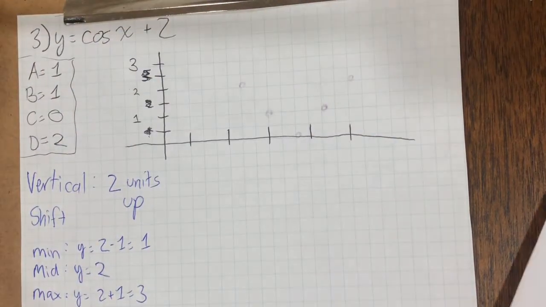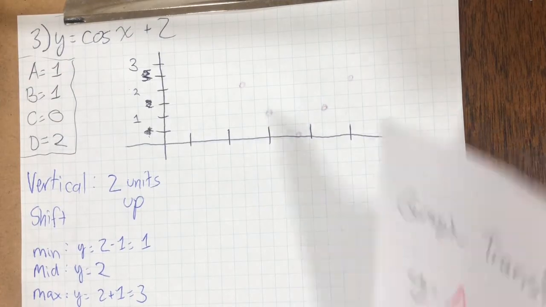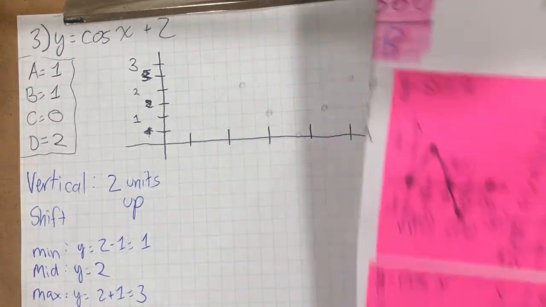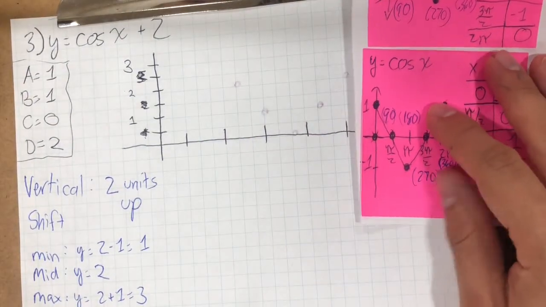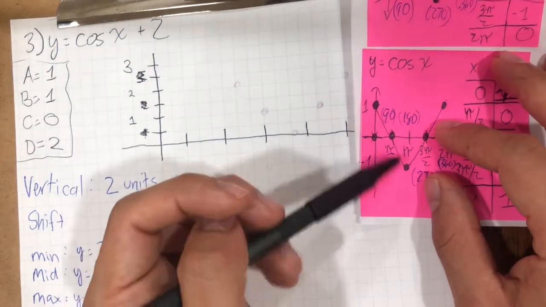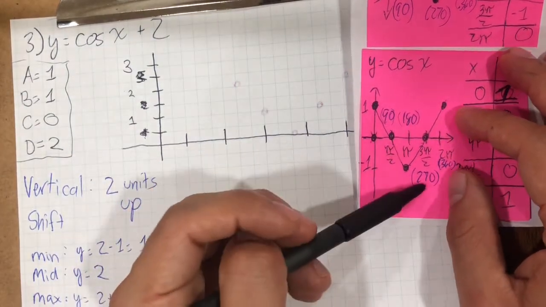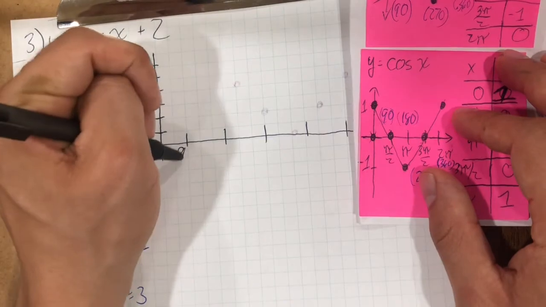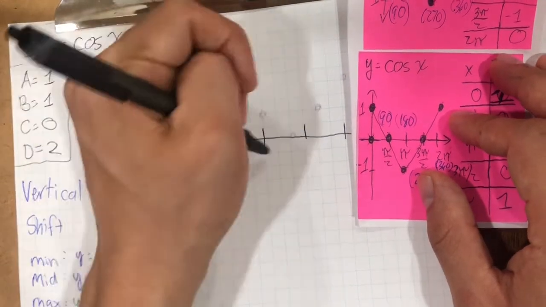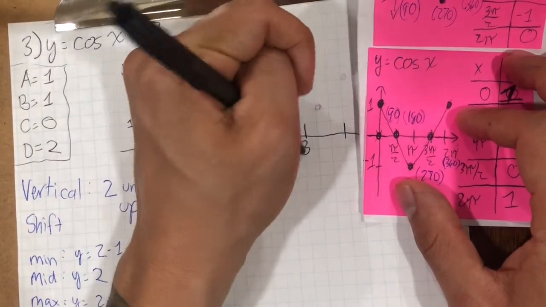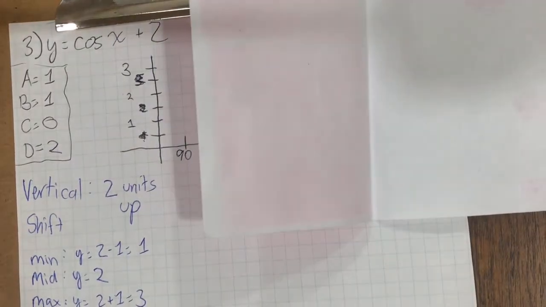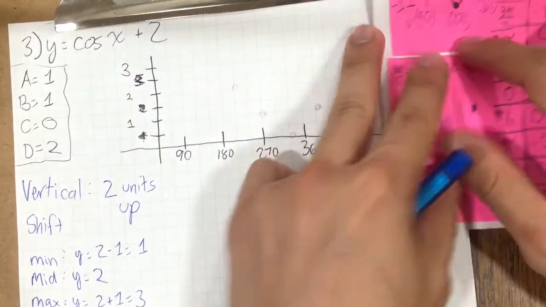All right, so the only thing that really changed was the vertical shift. So if I were to take a look at the original graph for cosine of x, I still have the same x values from the original. So I have 90, 180, 270, and 360. And now I'm going to draw out the lines.